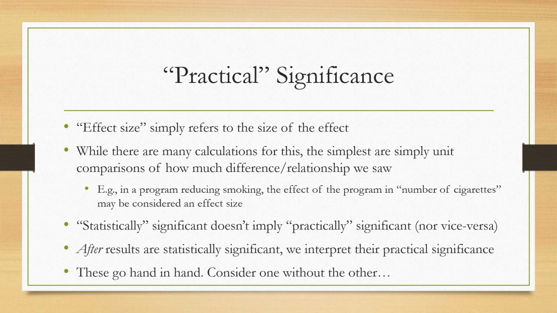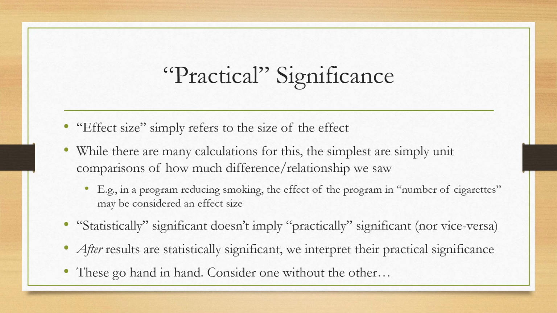So let's actually real quick consider one without the other. Let's consider statistical significance without practical significance. Probably the most missed direction in statistical storytelling: people will present statistically significant results and assume that means practically significant. That tends to be how this goes.